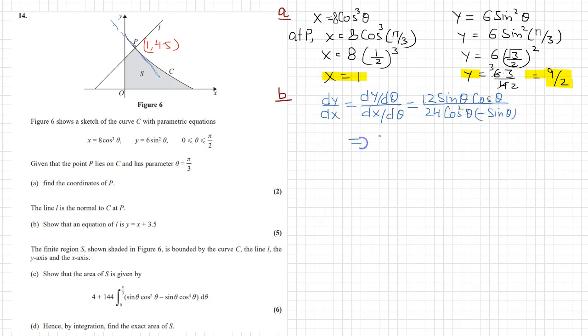So that is equal to, this cancels by 2, one cos theta cancels with cos theta, and sine theta cancels with sine theta, minus 1 over 2 cos theta.